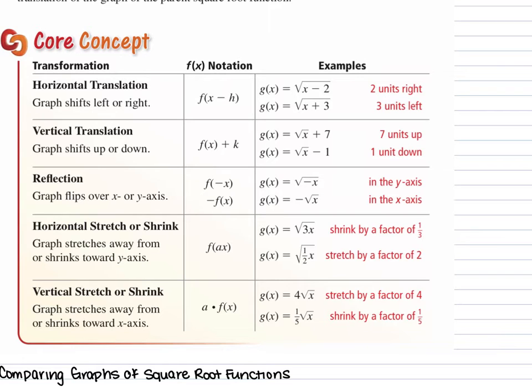So if you look to the right here under horizontal stretch or compression, you are given g of x is equal to the square root of 3x. Take the reciprocal of the 3. It's 1/3. That tells you whether or not you have a stretch or compression. If it's less than 1, greater than 0, you have a horizontal stretch.